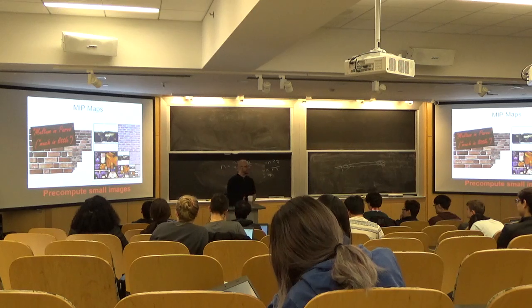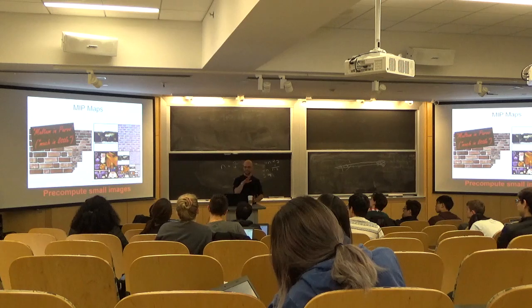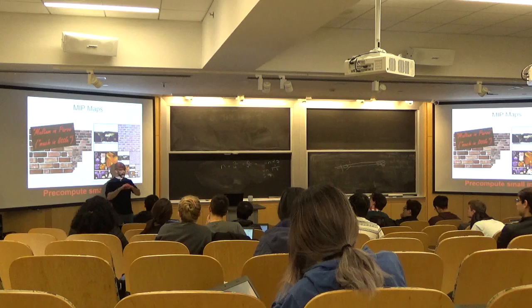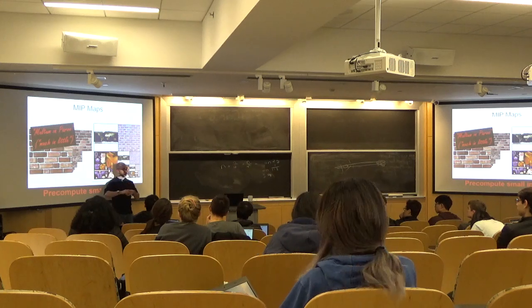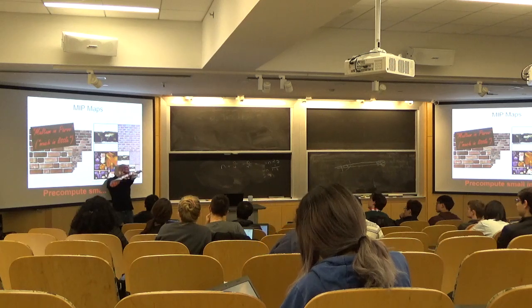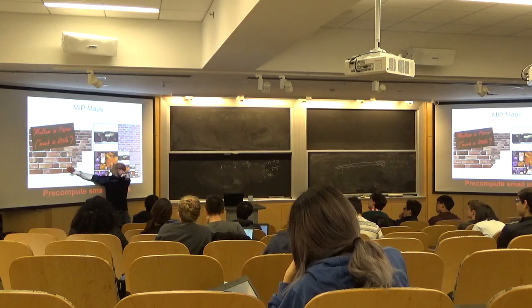Now, what's the problem with MIP mapping? I told you it gets rid of the discontinuity between pixels. But instead, it adds a new discontinuity, between 2 adjacent MIP map levels. Using our hand texture analogy, if I'm rendering my arm like that, and I'm really close to my eye, I'm going to need this piece of the MIP map, and then far away, I'm going to need somewhere over here.